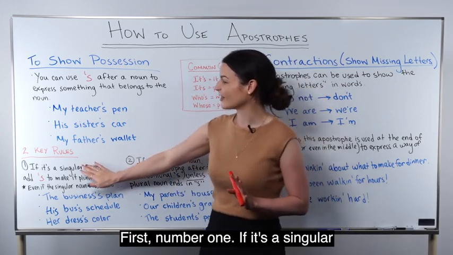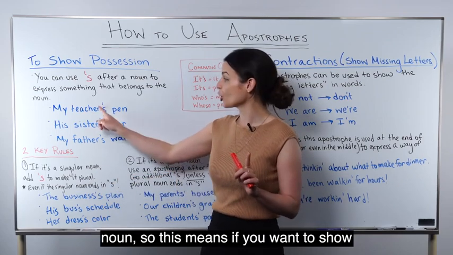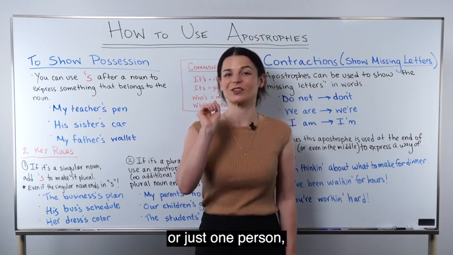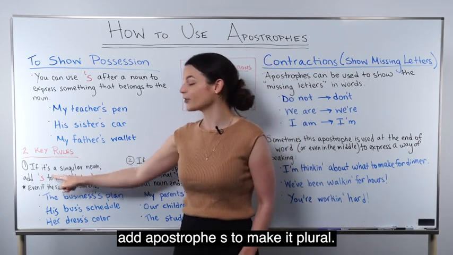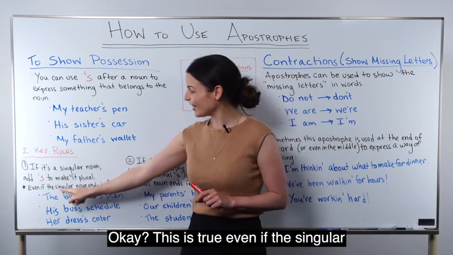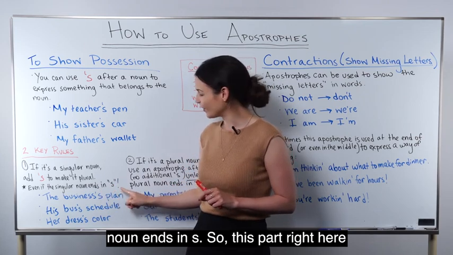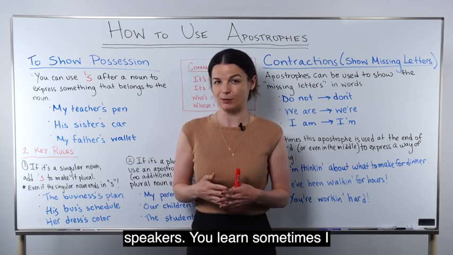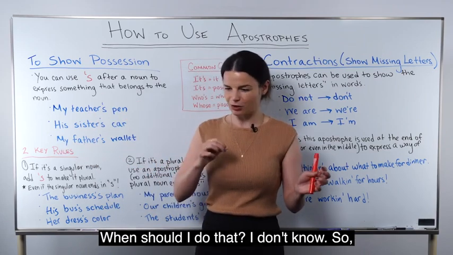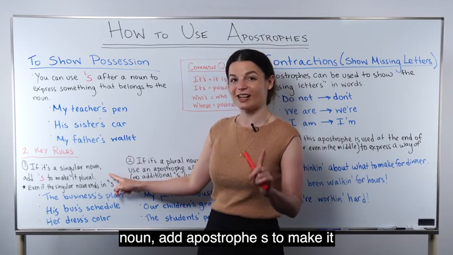First, number one, if it's a singular noun, so this means if you want to show the possession of something that is a singular noun, that means just one thing or just one person, add apostrophe S. This is true even if the singular noun ends in S. This part is sometimes confusing even for native speakers. You wonder, should I put another S after the noun? When should I do that? So this is the rule: if it's a singular noun, add apostrophe S.